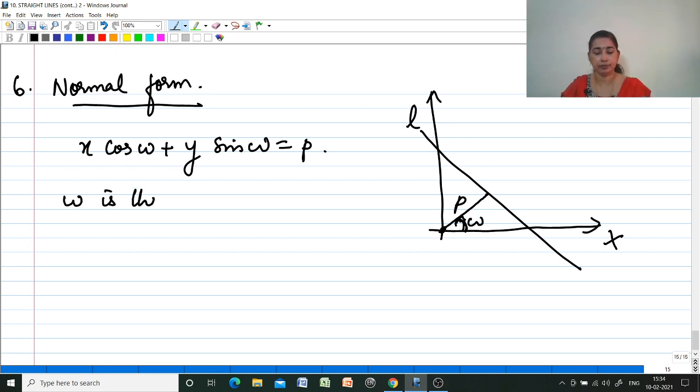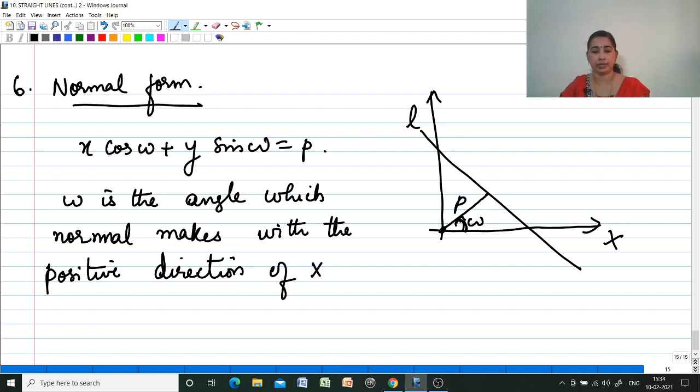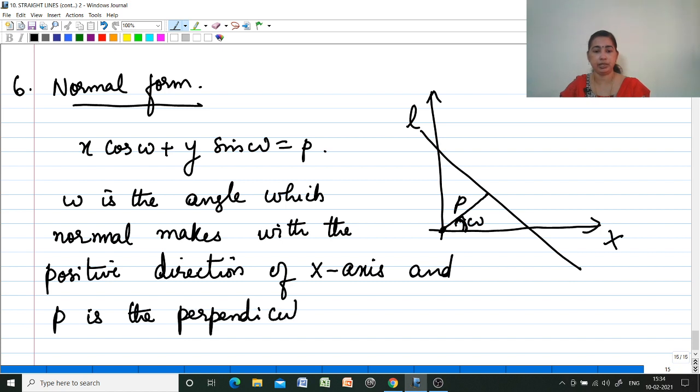Omega is the angle which the normal makes with the positive direction of the x-axis, and p is the perpendicular from the origin to the line.